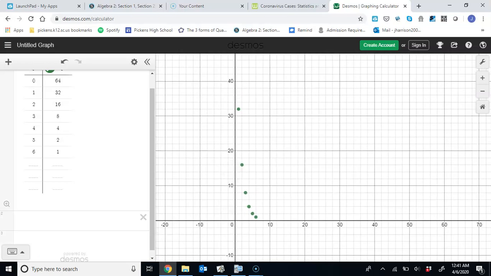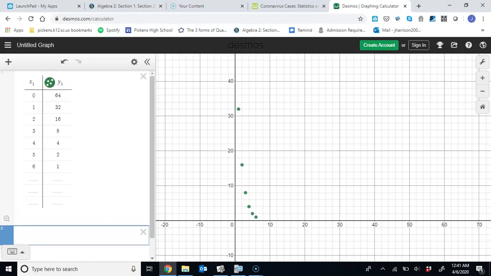And so we're going to go over here to our second line. And remember, over here at the top, we have y1 and we have x1. Those are our values. And right here, we did this earlier this year. It's called a regression equation where we find the equation.